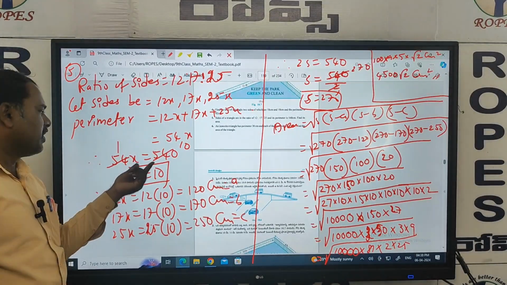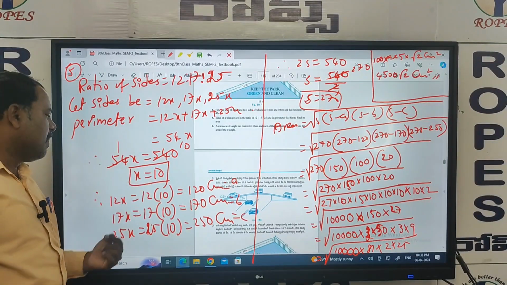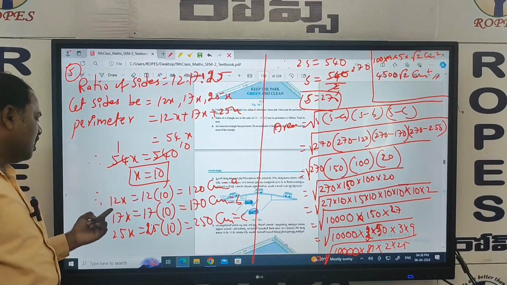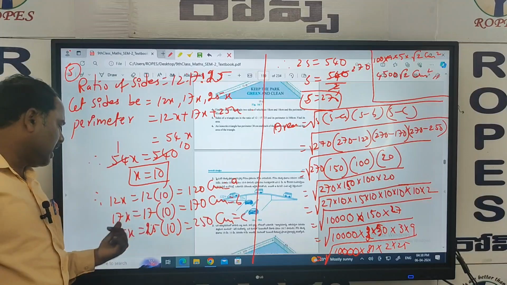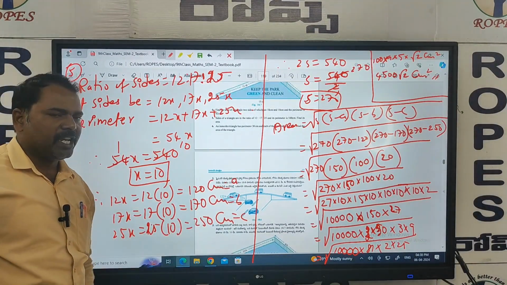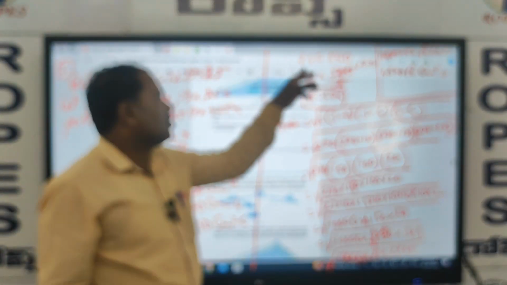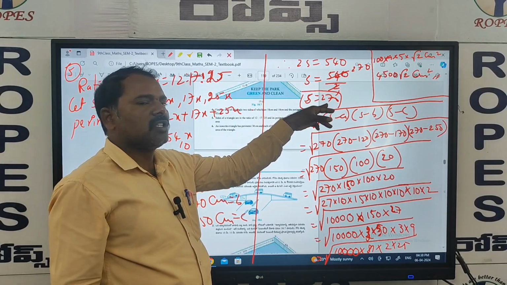According to the question 54x is equal to 540, so x is 10. Then the sides are 12 into 10, 120, 17 into 10, 170, 25 into 10, 250. These are the sides we take as a, b, c. Then 2s is 540, so s value is 270.